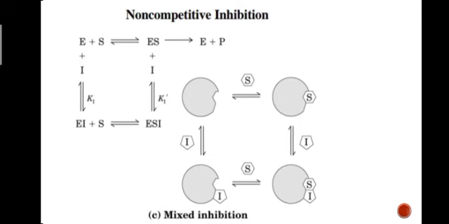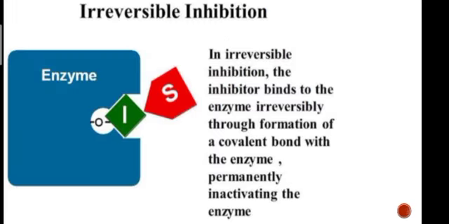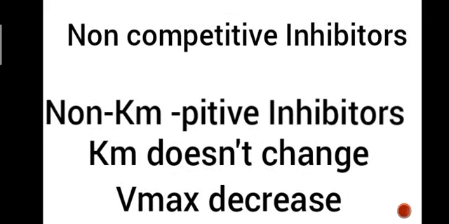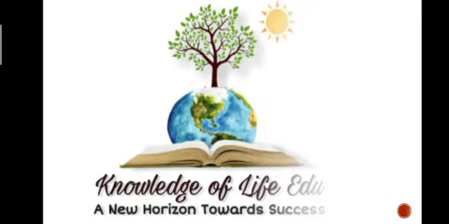And in irreversible inhibition, an inhibitor binds permanently to an active site by forming a covalent bond or a very stable non-covalent interaction. From this video we can say a competitive inhibitor is a Km-positive inhibitor. Their Km increases but Vmax does not change, and a non-competitive inhibitor, that is a non-Km-positive inhibitor, their Km does not change but Vmax decreases. I hope this video will help you to understand the inhibition of enzyme activity.